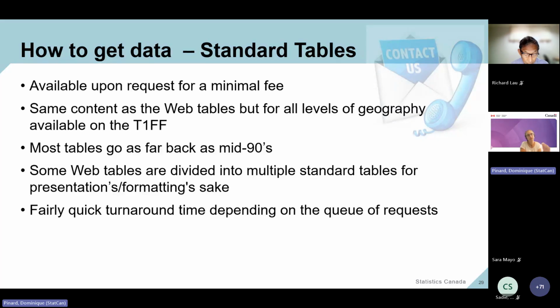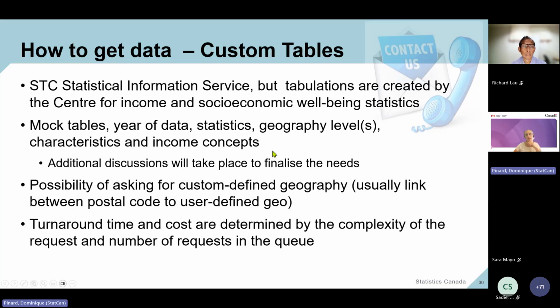The only caveat here is that the CSD data, or the census subdivision data, is only available starting with 2019 data. Turnaround time to get these tables is fairly quick. So that's one other way of getting the data: web tables, and standard tables, for which you would need to contact StatsCan.